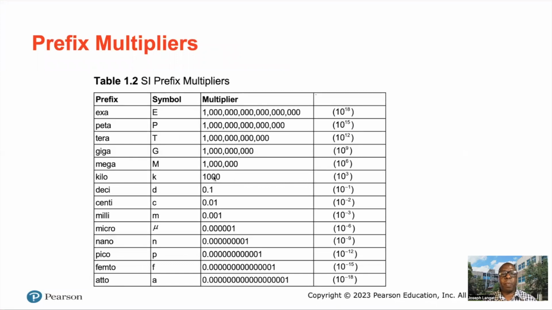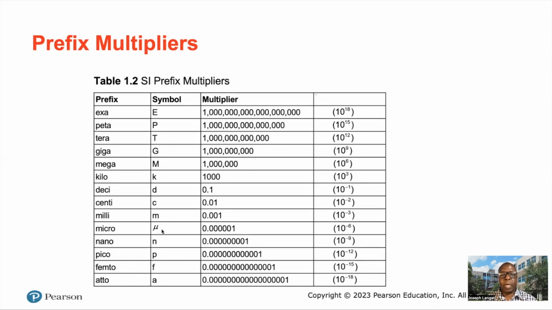This is the multiplier. Mega, 1,000,000 times. Giga, the billion times. Tera, peta, exa. Deci, you reduce by 10, by 100, that is reducing the base unit.